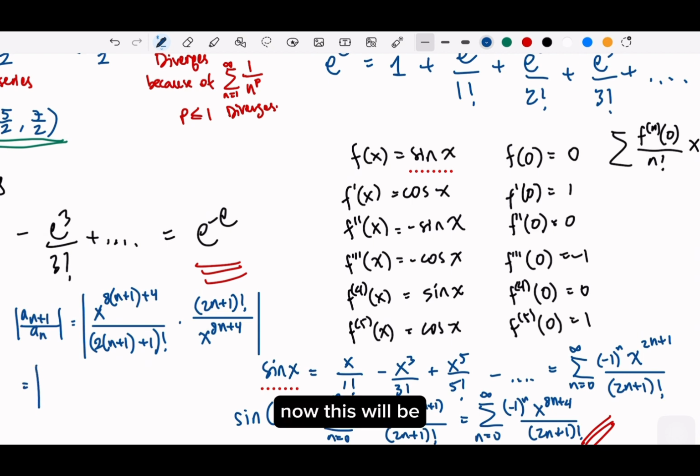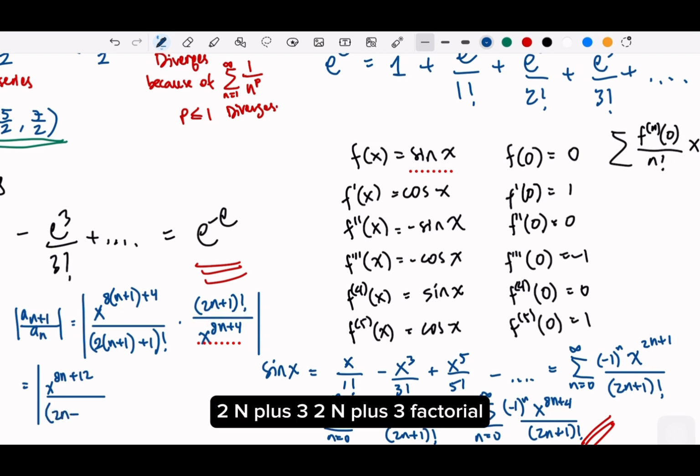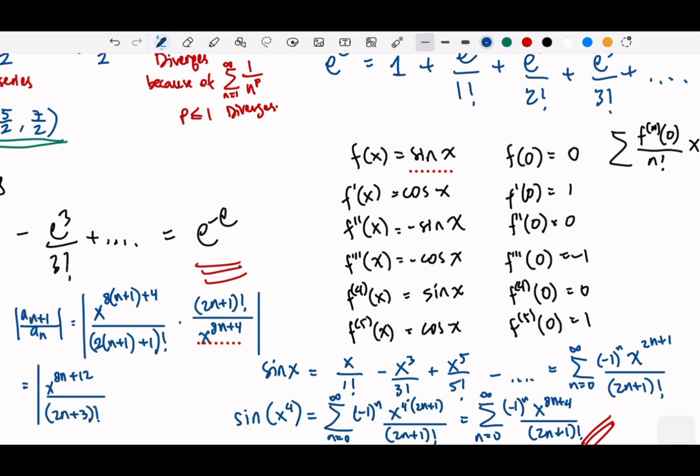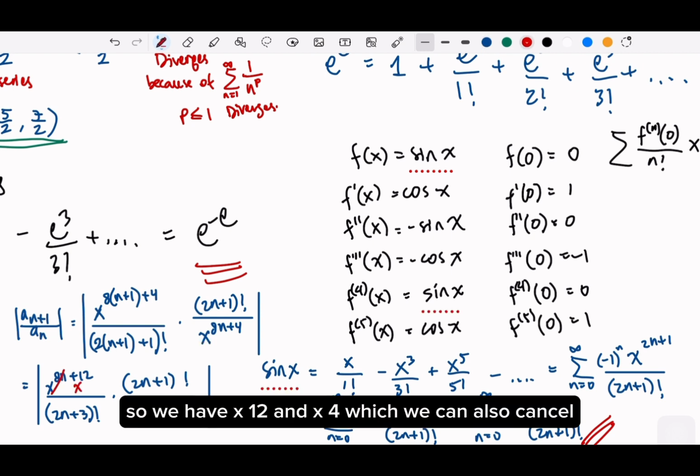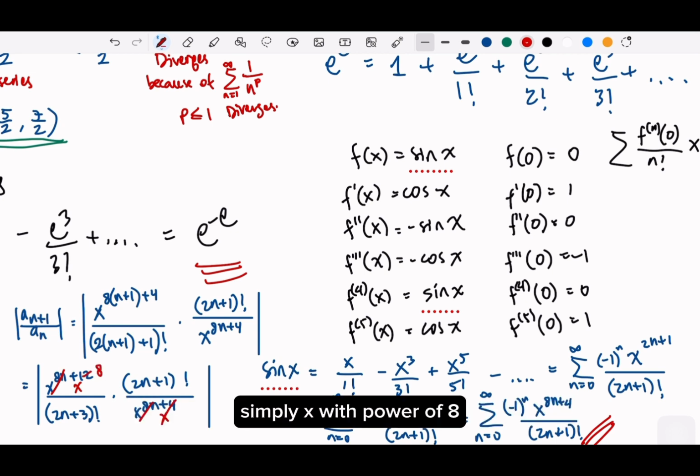Now this will be x to the 8n plus 12 over 2n plus 3 factorial, times 2n plus 1 factorial over x to the 8n plus 4. So x to the 8n we can cancel. We have x to the 12 and x to the 4, which we can also cancel partly. So we have x to the power of 8.